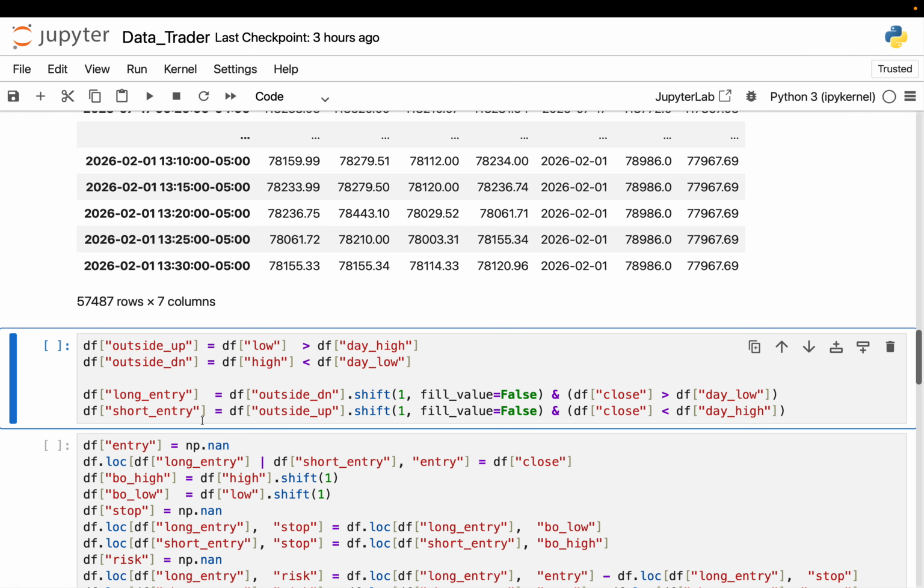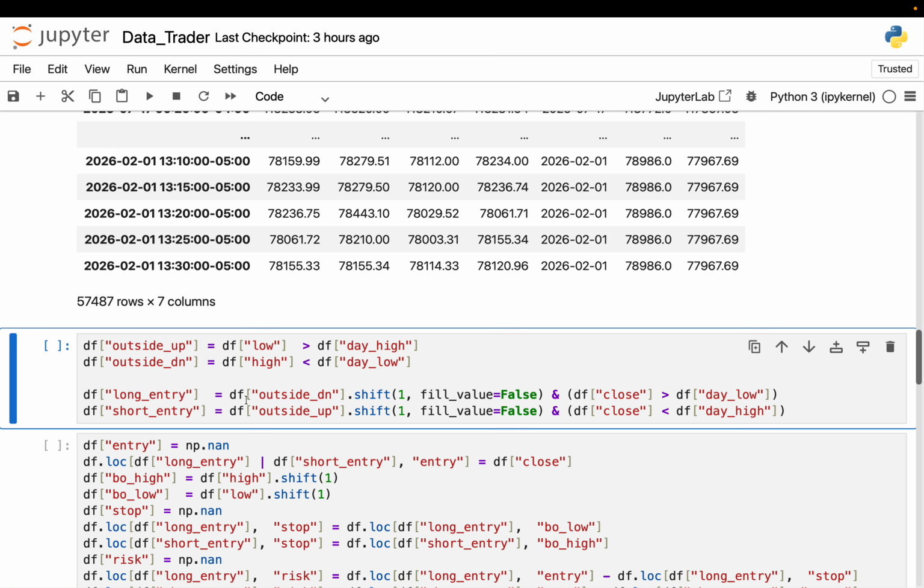So a breakout up is the candle low is above the day high, and a breakout down is the candle high is below the day low. And that's important because it enforces fully outside and not just a wick.